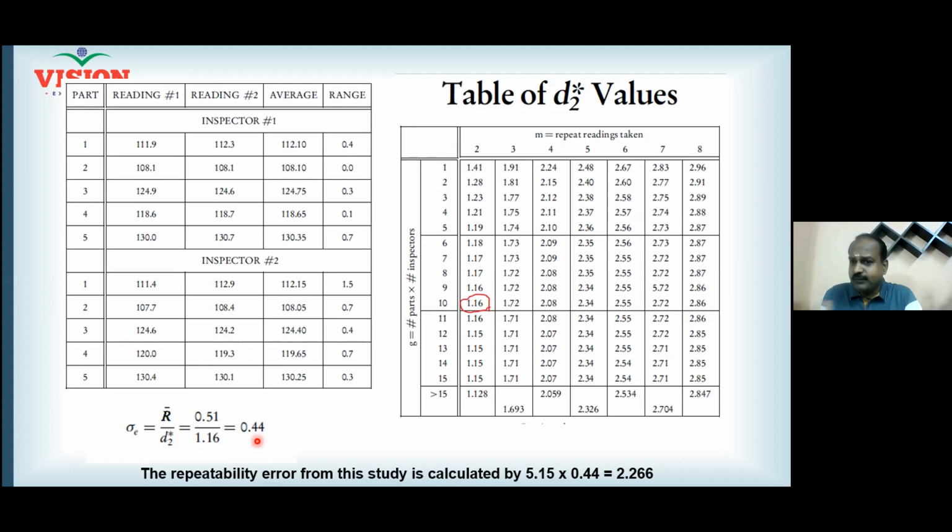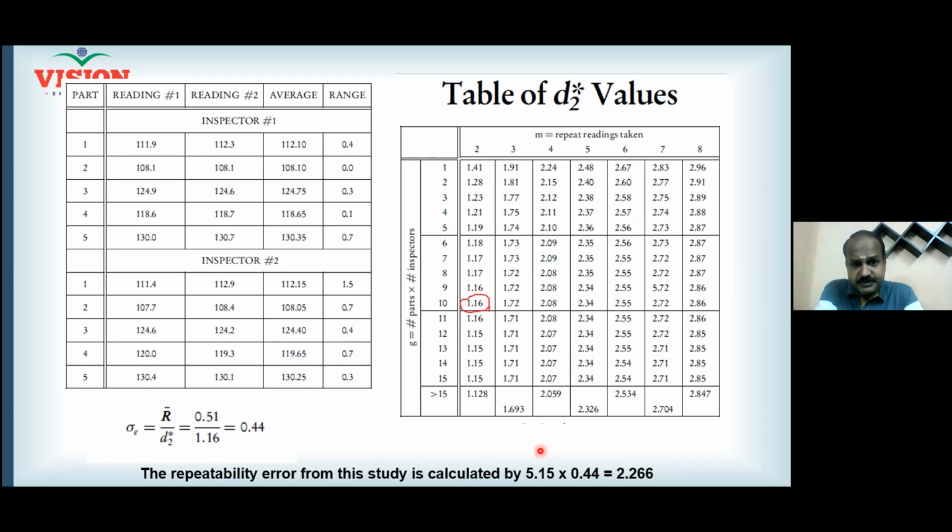But if you refer to the old literature or standard books like Montgomery or the Six Sigma Handbook by Pyzdek, you will see them using 5.15. 6 helps you account for 99.73% of the error. Instead of 6, when you use 5.15, you account for only 99% of the error. That's the difference.